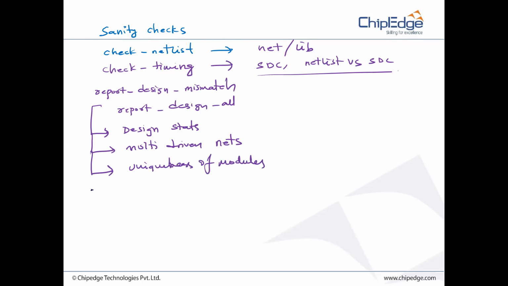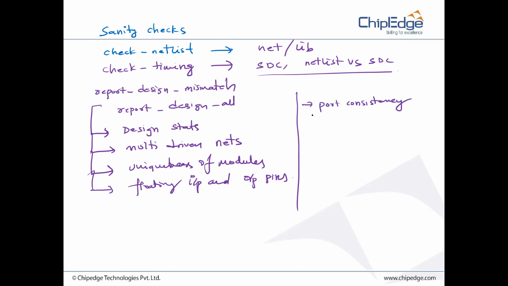Then floating input pins and output ports are also shown here. Is this clear, guys? These are the information you got. And in check_timing, what is the information you got? It will check for port consistency, right?